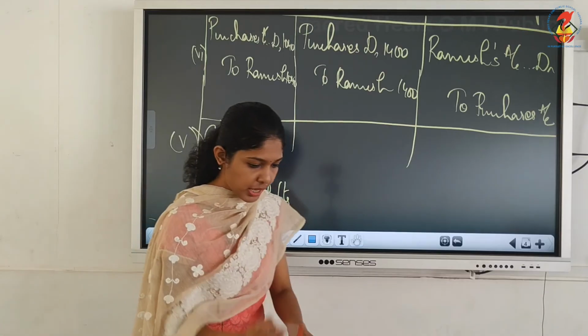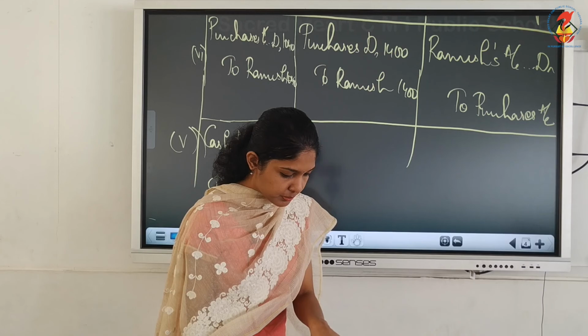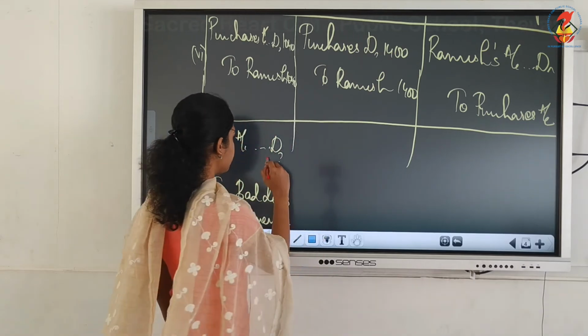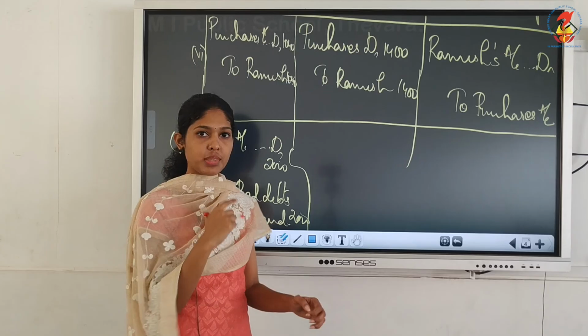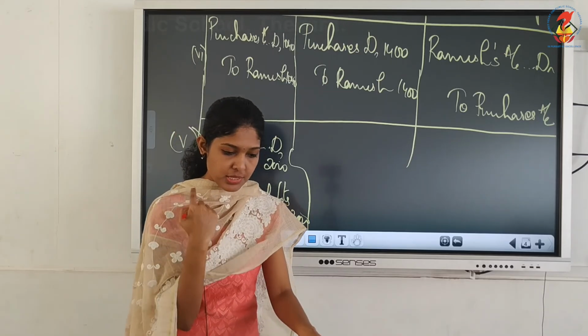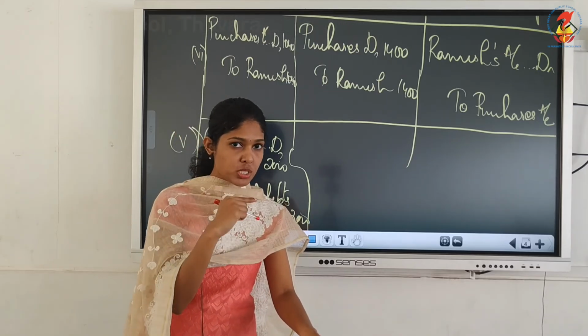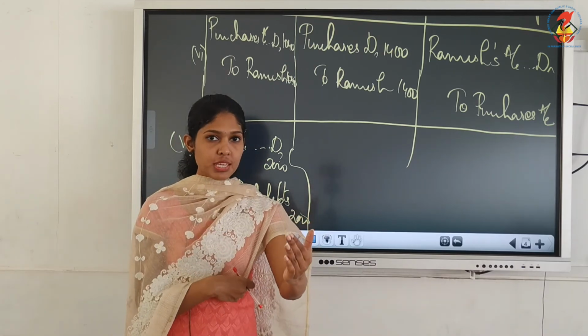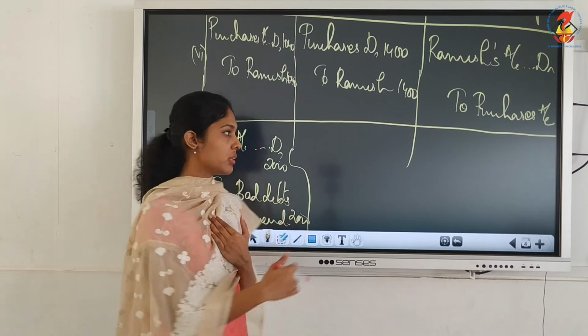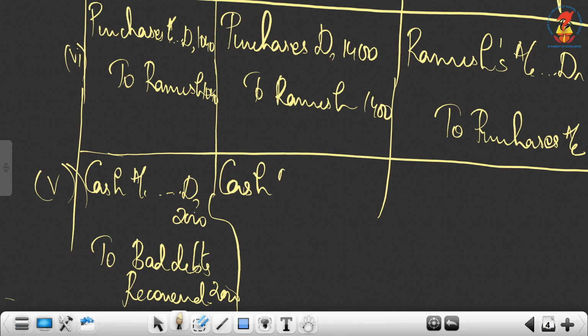The amount is 2000. The mistake was with respect to Mahesh Chand's account. That means it was posted to the personal account of Mahesh Chand. Since you received the amount from Mahesh Chand, you wrote the entry as, and it was a wrong entry, cash account debtor to Mahesh Chand.